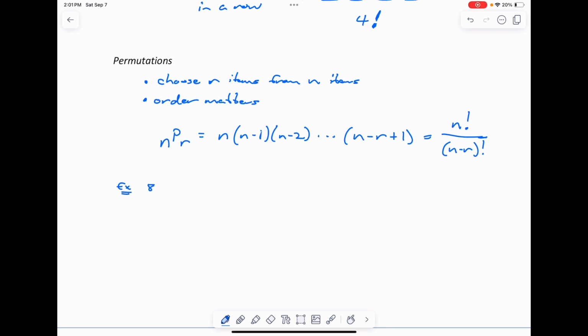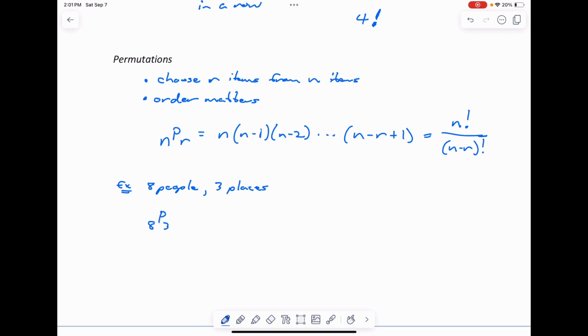So 8 people choosing 3, with three places. In this case, we've got 8P3, which using factorial is 8 factorial divided by (8 minus 3) factorial.